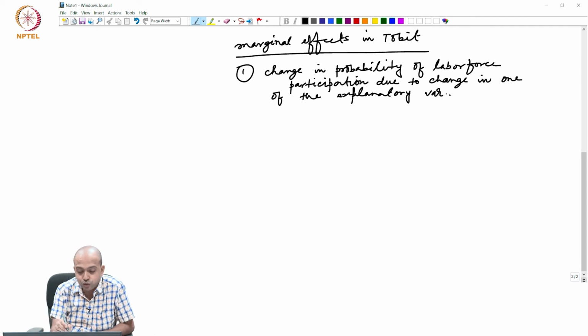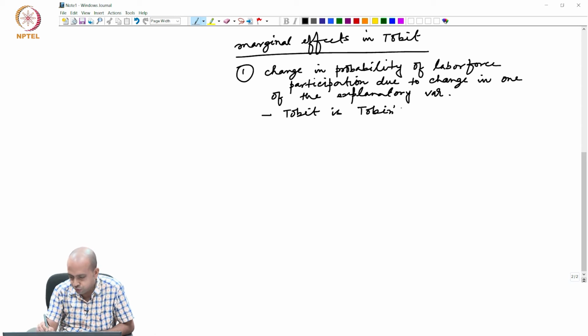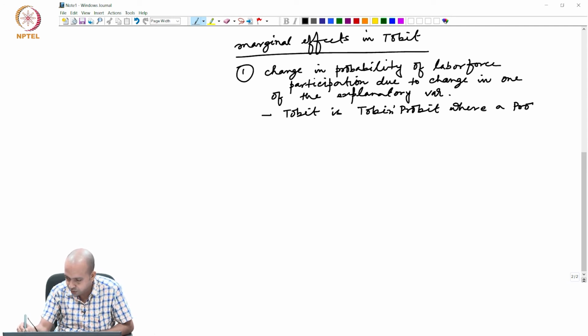And why are we able to do this? Because Tobit is basically Tobin's Probit, where a Probit is inbuilt.